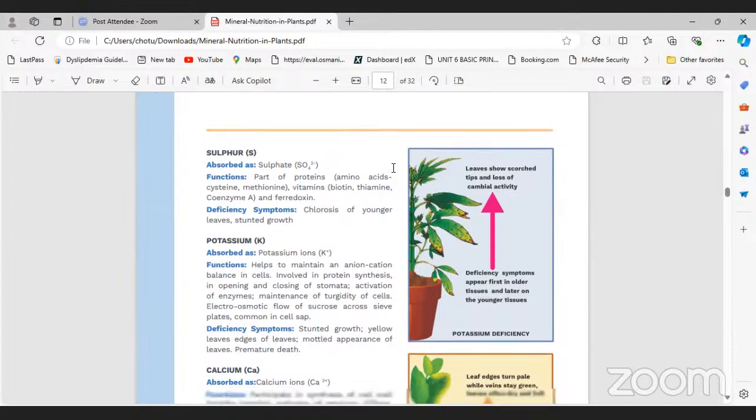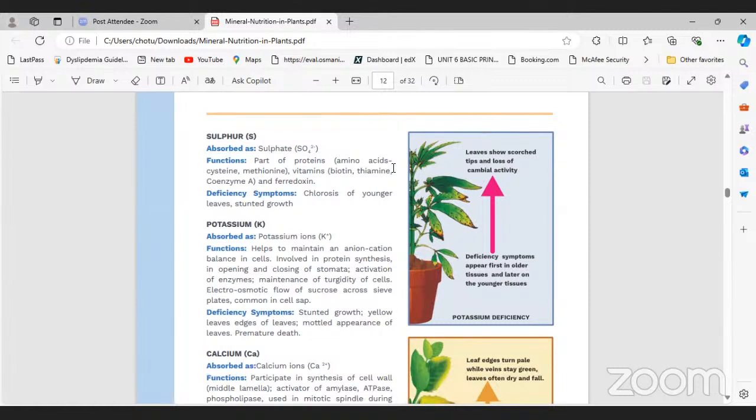It is found in large amounts in rapidly growing tissue. Potassium is not known to enter into the composition of important organic compounds found in plants. It acts as an activator of over 40 enzymes, including the enzymes of phosphorylation and protein synthesis.